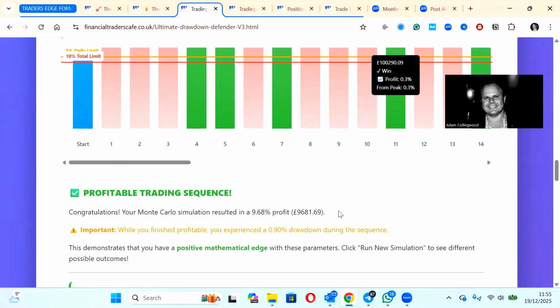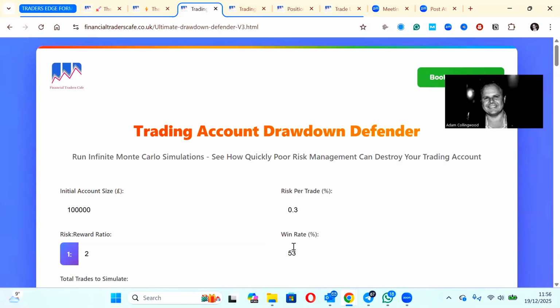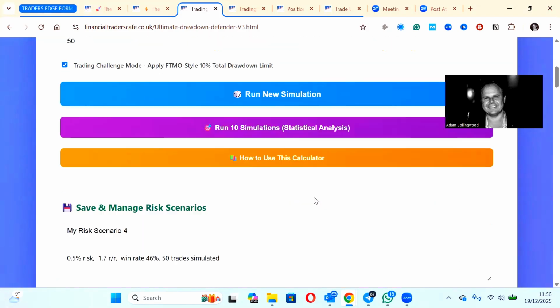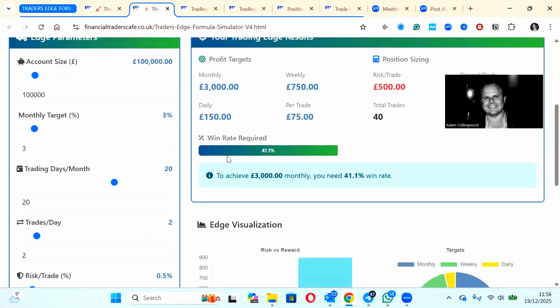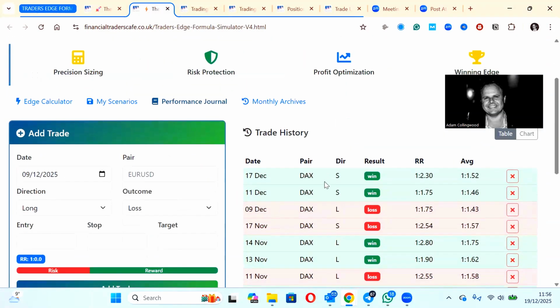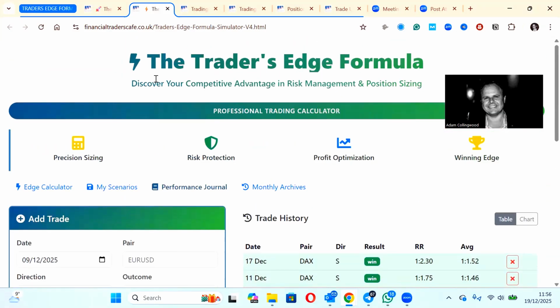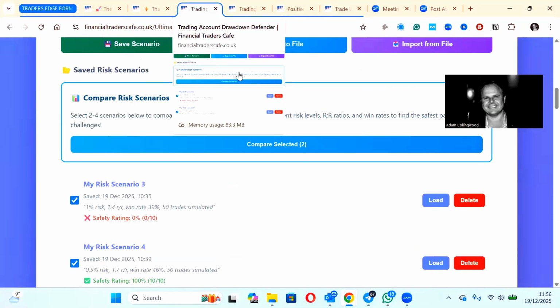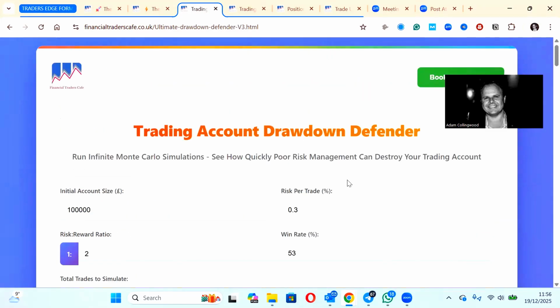Congratulations, Monte Carlo simulation resulted in a 9.68% profit using that formula. Okay. Using that formula. And of course, it's a work in progress because you're tweaking it all the time, because what you've done is you're doing the numbers in here, and also you're tracking everything with the performance journal, which is in the Trader's Edge formula, okay, then the simulator. All right. So you're always able to change the numbers as you're going along, and you'll know quickly if things are going awry.